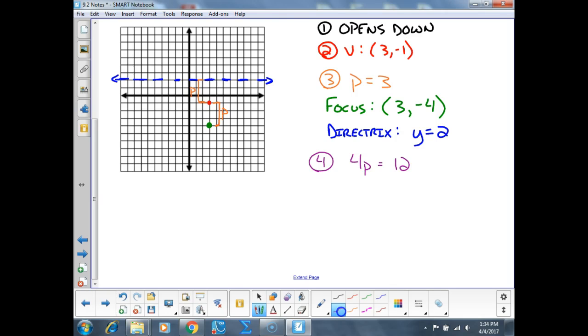So I'm going to go 6 each way. 1, 2, 3, 4, 5, 6. Go ahead, Aaron. Oh, so it's not from the vertex. Yeah, it's from the focus.